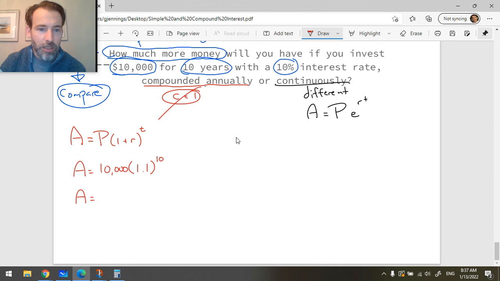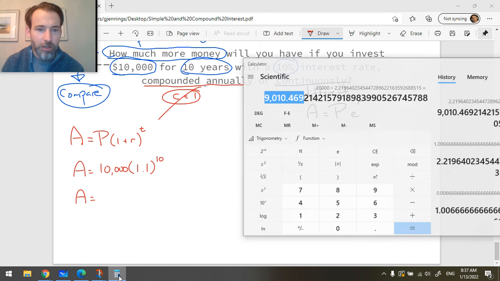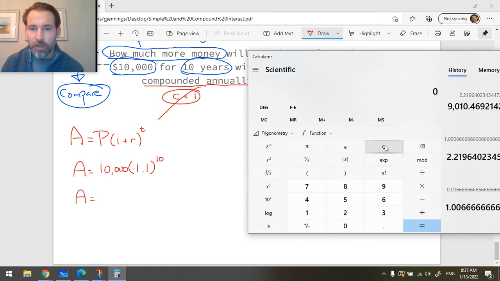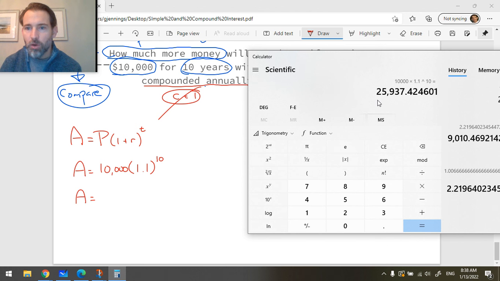The amount is equal to, just crunch it on a calculator, clear everything, memory clear. Okay, so now we have 10,000 multiplied by 1.1 raised to the power 10 equals, we will more than double our money. Sounds really good.